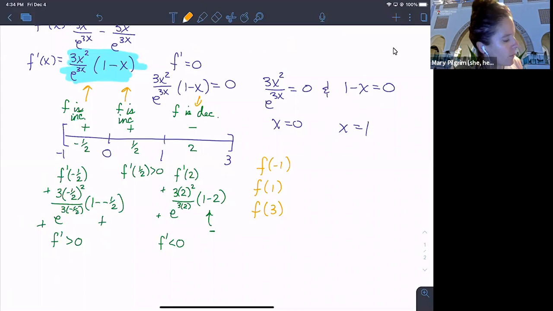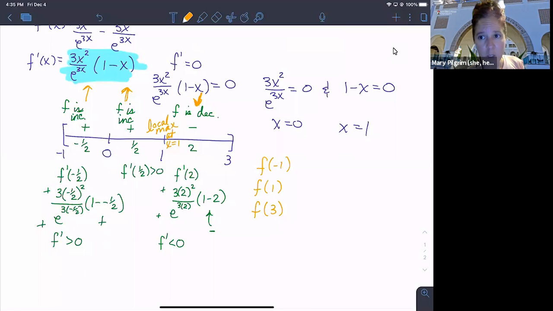However, we have the possibility of having extrema at -1 and 3, the endpoints, as well as the critical point 1. At the critical point 1, we can see that we're increasing and then decreasing. So we know that because we have increasing before it and decreasing after, that there's a local max at x equal to 1.